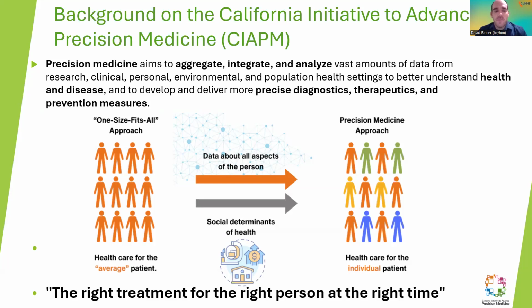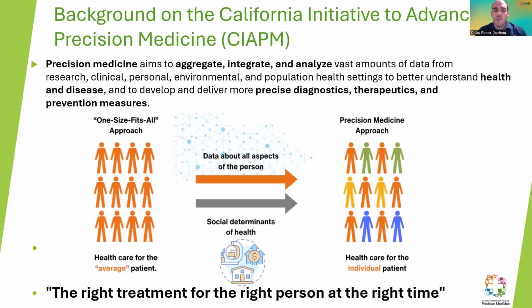So as I was saying, we have the definition of precision medicine in the RFA, and just wanted to reiterate that here. We think of precision medicine as an approach that aims to aggregate, integrate, and analyze vast amounts of data from research, clinical, personal, environmental, and population health settings to better understand health and disease, and to develop and deliver more precise diagnostics, therapeutics, and prevention measures.